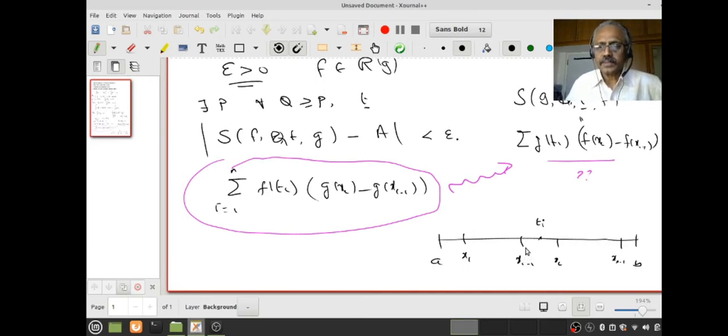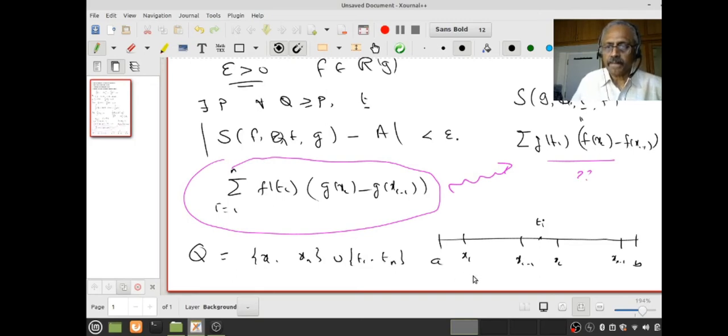The idea is to start with the partition Q, consisting of the original partition x1 to xn and the union of the tags t1 to tn. So what are going to be my tags now? My tags are going to be all these points.